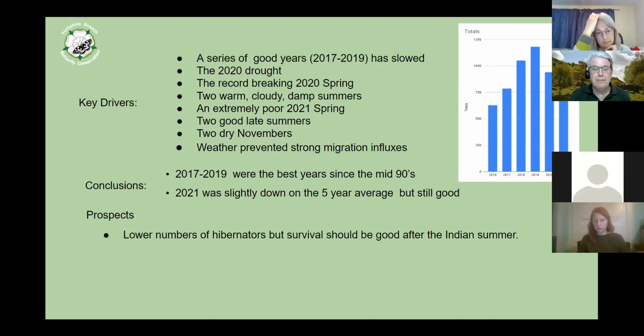Prospects. Although low numbers of hibernators went into the autumn, I think the survival will be good, because we've had no, like we had last year with the heat wave in March, when lots of our hibernators came out of hibernation and became active.